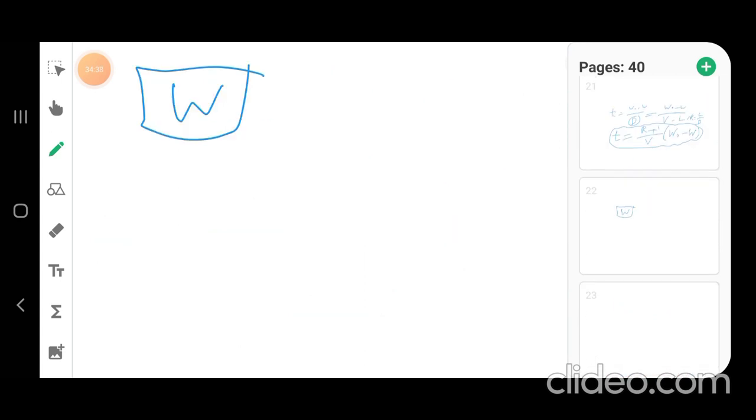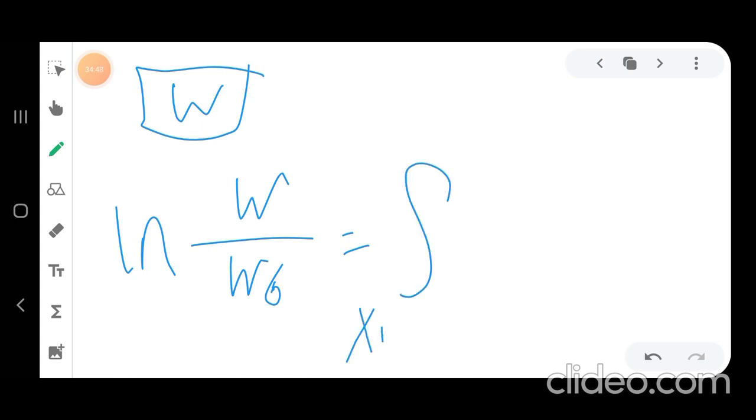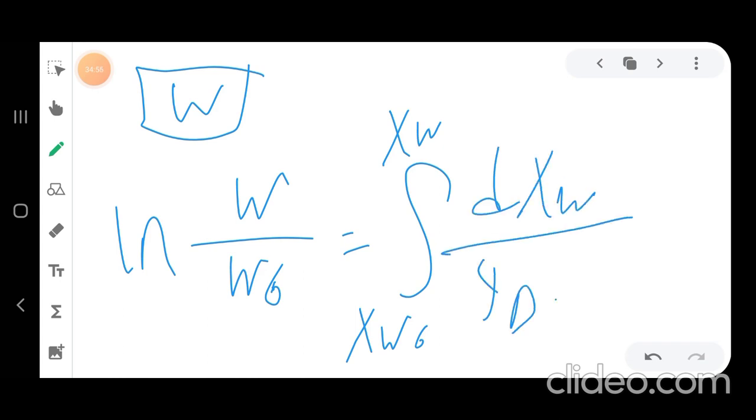We need the Rayleigh equation, which is ln W over W naught is equal to the integration from XW naught to XW of dxw over yd minus xw.